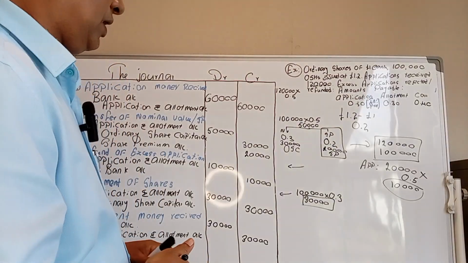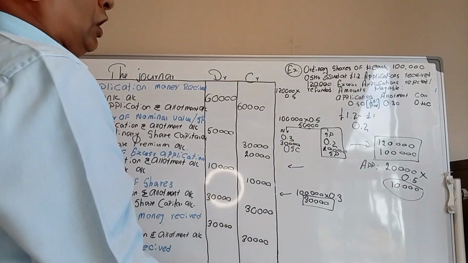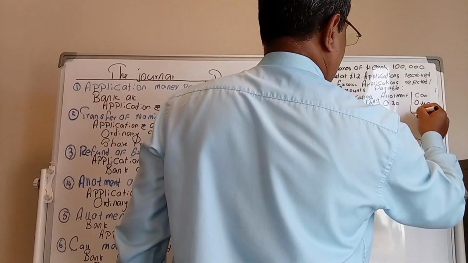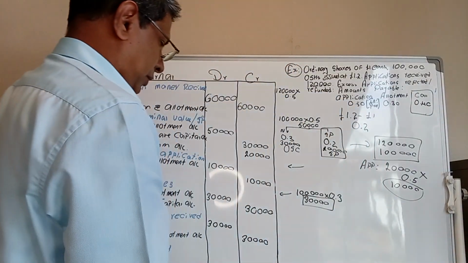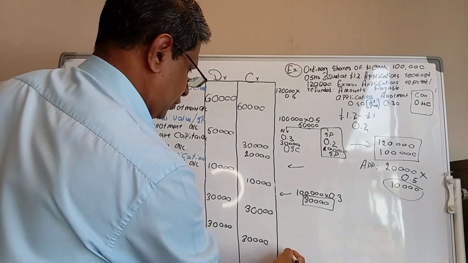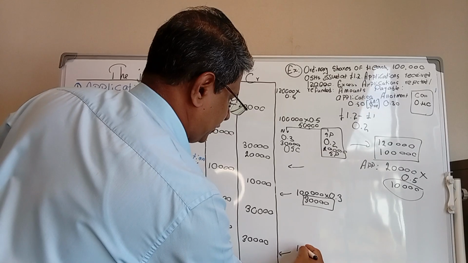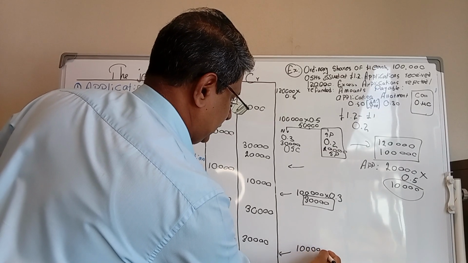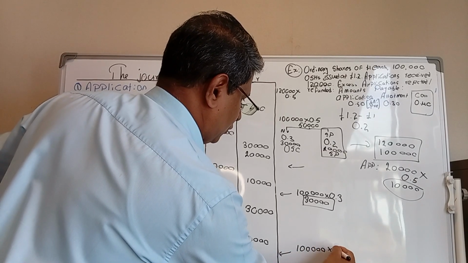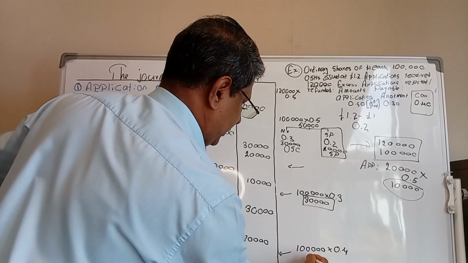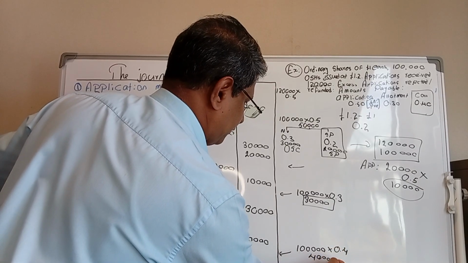Right. Next one is the call amount. Okay. How much are we going to get on the call? 0.4. Call is going to be 0.4. So your call amount is going to be the number of shares issued, 100,000, into 0.4, that will be 40,000, isn't it so?